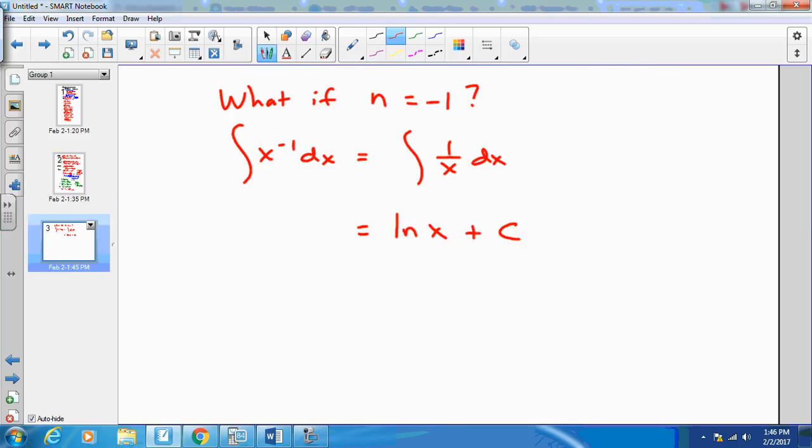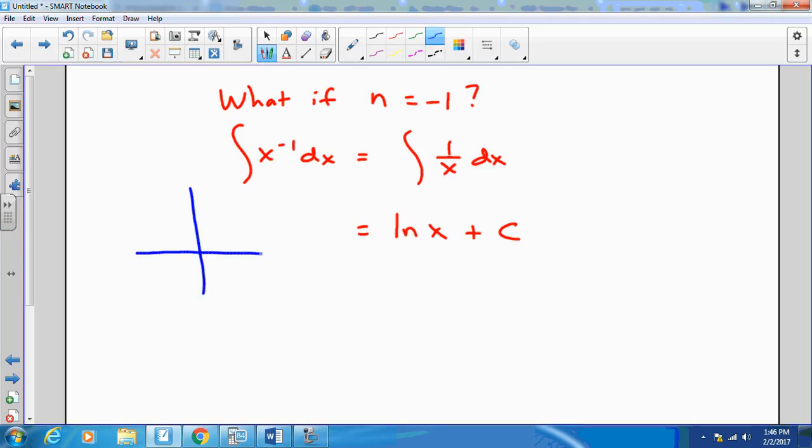But we need to say a little bit more, because there is a domain problem here. And our domain problem is this. If I look at the graph of y equals ln x, it has a vertical asymptote at x equals 0, and it has a domain of x greater than 0.